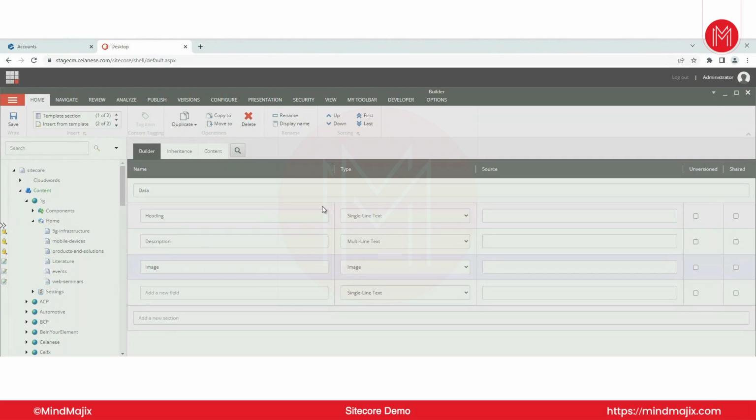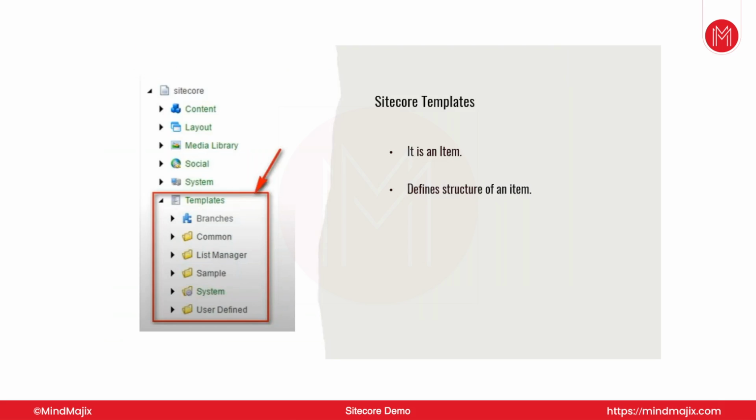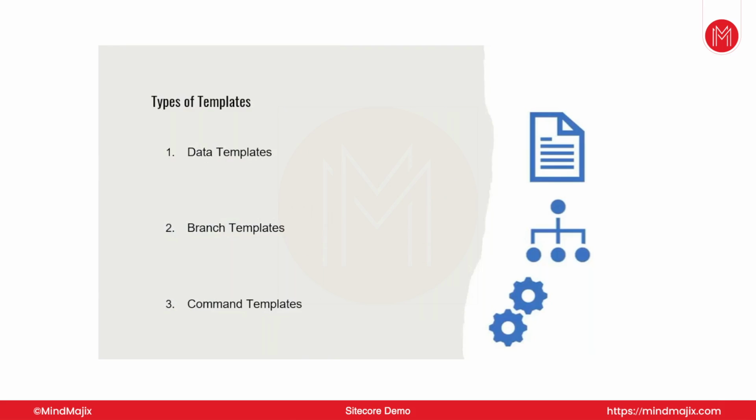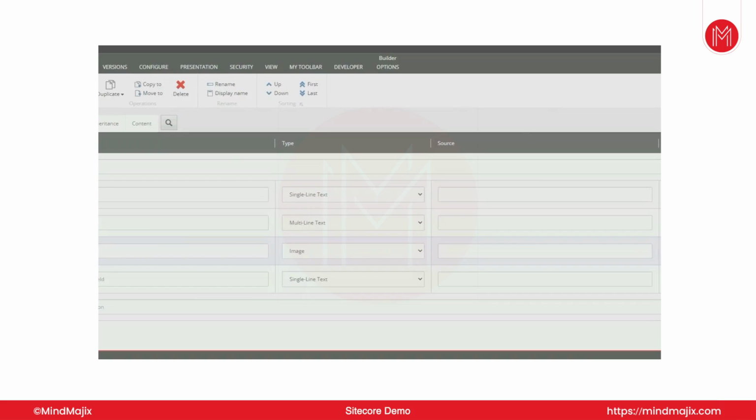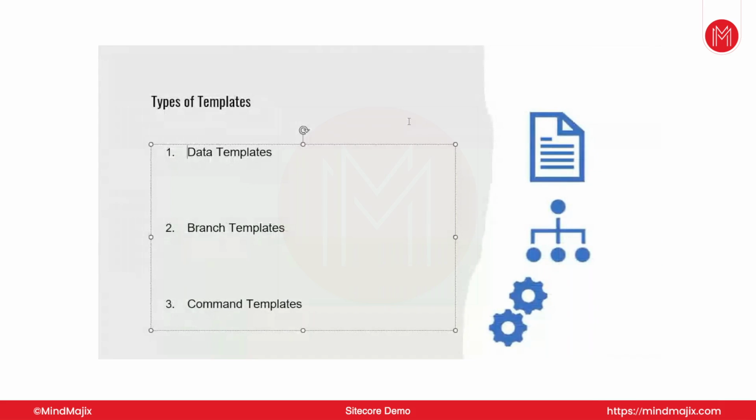Meanwhile it is taking time to load, we can talk about the different types of template. There is one, the data template. Data template means just what we tried to create. Data templates are just to show normal data, with simple fields like single line text, multi-line text, rich text, or some image, that kind of fields.